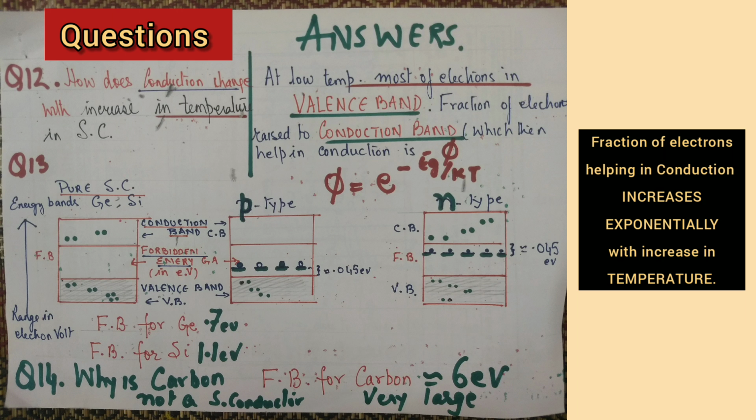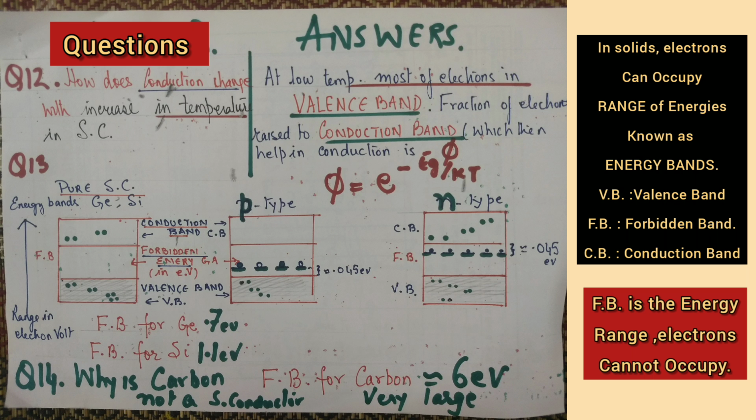In solids, semiconductors, we talk of energy ranges. Electrons can occupy certain energy ranges rather than energy levels as in individual atoms. In semiconductors and solids, the valence band is the energy range which the electrons can occupy, but they are not helping in conduction.